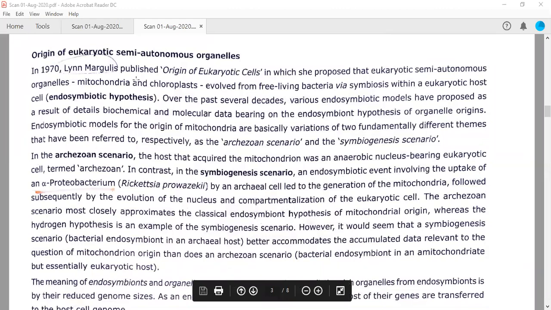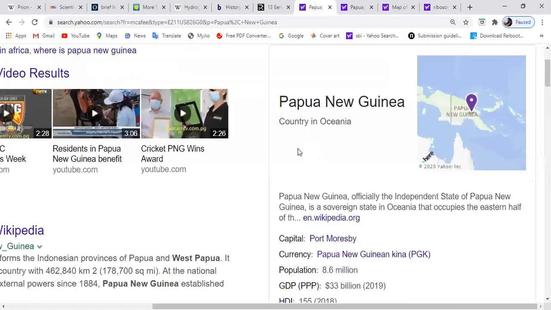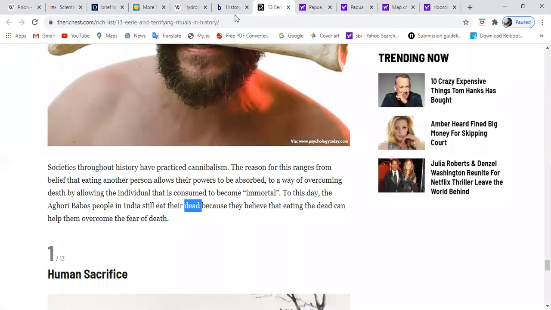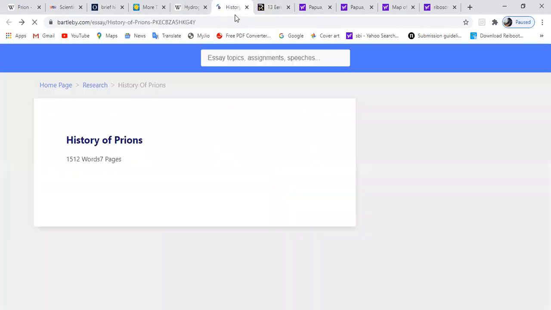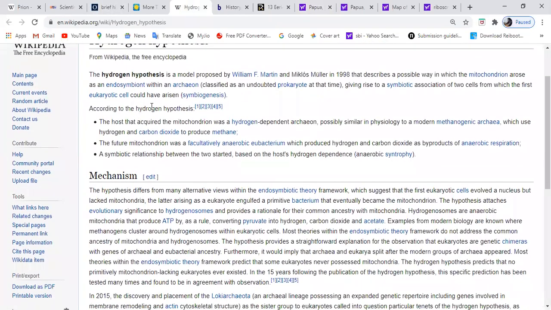According to the hydrogen hypothesis, let me tell you in more detail. The hydrogen hypothesis is a model proposed by two scientists, Martin and Müller, in 1998.